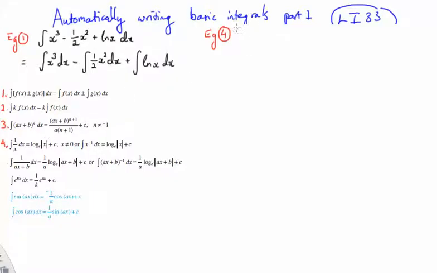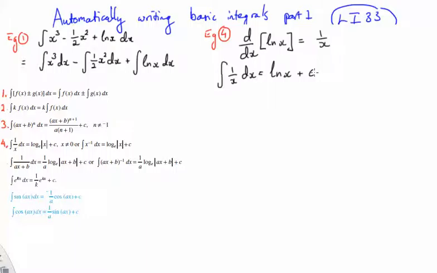Remember that you know this fact. I'll say that again. The derivative of the natural log function is 1 on x. We already know that. That means that the integral of 1 on x is the natural log function. And you always got plus some c.